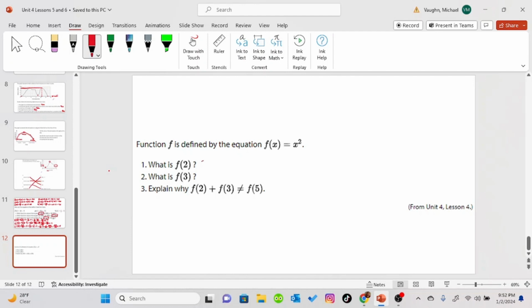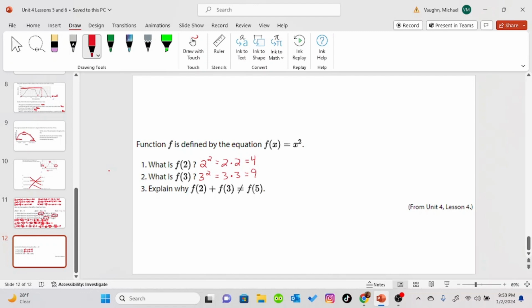So this becomes 2 squared, which is 2 times 2, which equals 4. Number 2, what is f of 3? We take 3 and we substitute it in for x, and we get 3 squared. 3 squared means 3 times 3, which is 9.